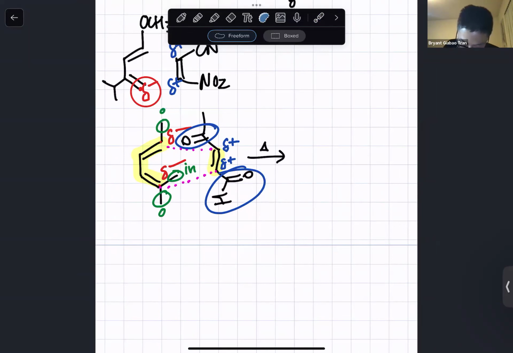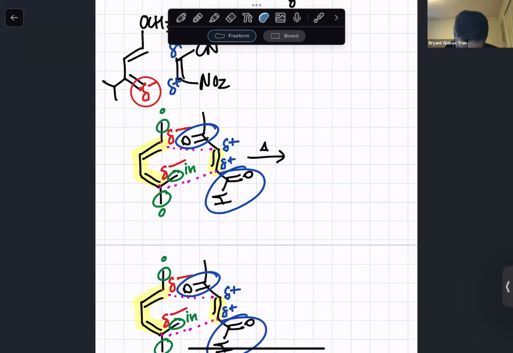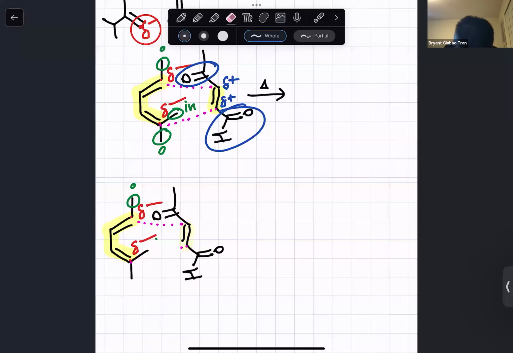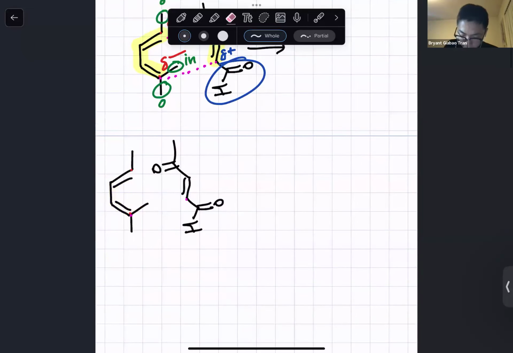So that's one way. How can I do this? Duplicate this. Erase all the markings here. Okay. So these here will give you 2 products, the original one with the enantiomer. The other one could be this right here.